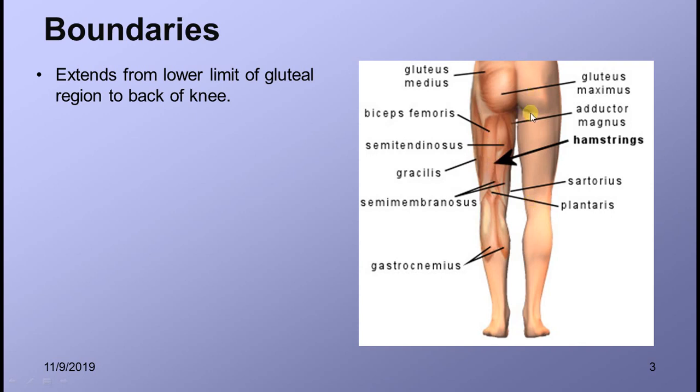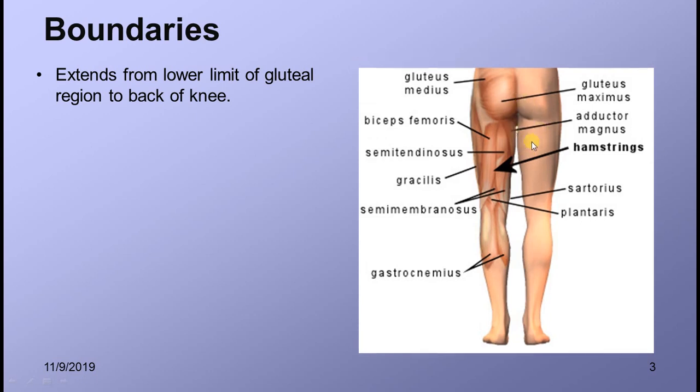Now if you look at this gluteal fold, it does not correspond to the inferior border of the gluteus maximus muscle. It is a skin fold mainly for demarcating your gluteal region from the thigh.